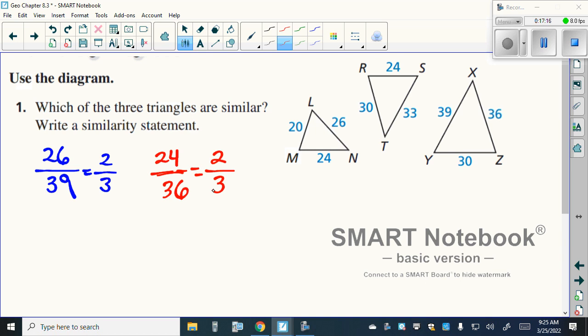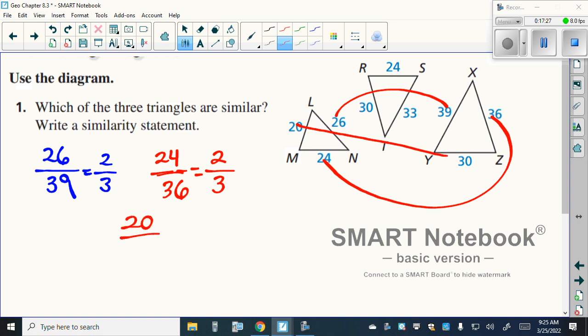Yeah, because we would have our 26 with 39. 24 and 36, and the last one is 20 over 30, which reduces to 2/3.